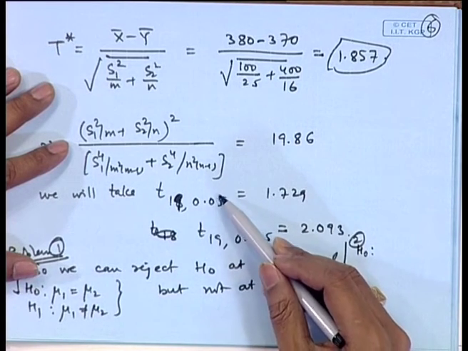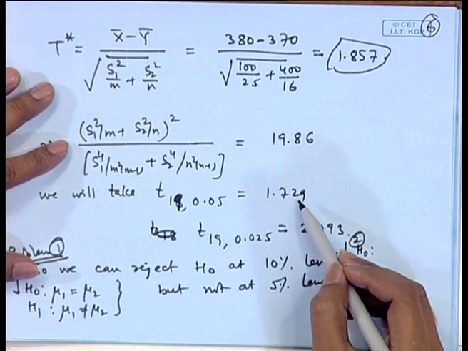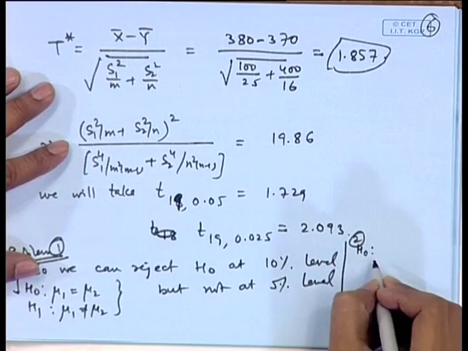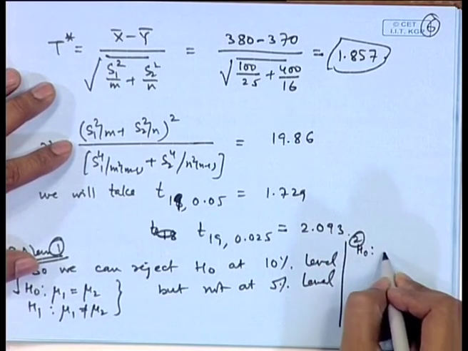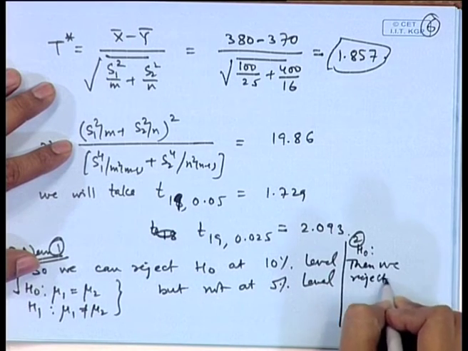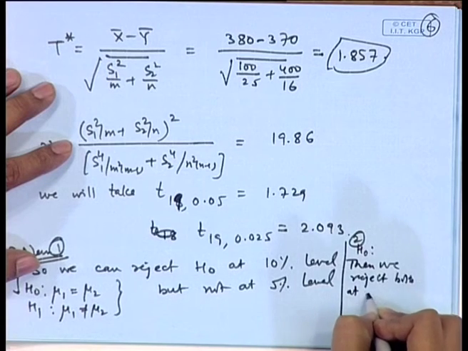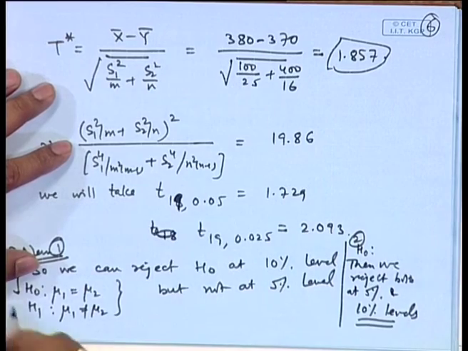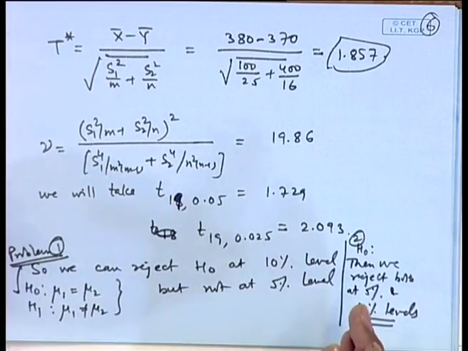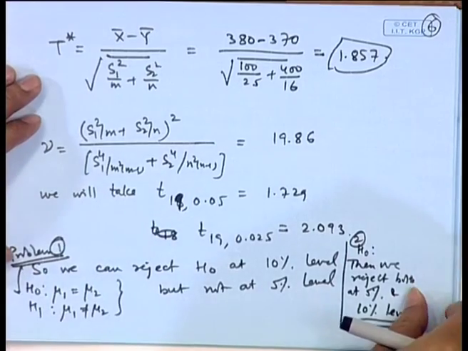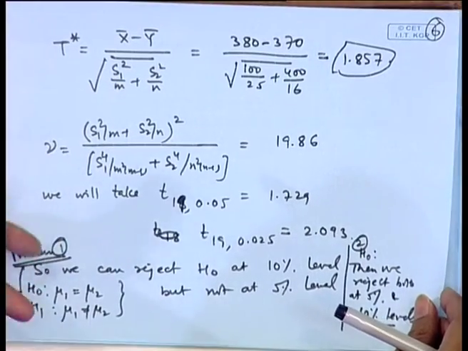So, we reject both at 5% and 10% levels. However, if you consider say 0.025 level, then you will not be rejecting here. So, this test is slightly more sensitive here.